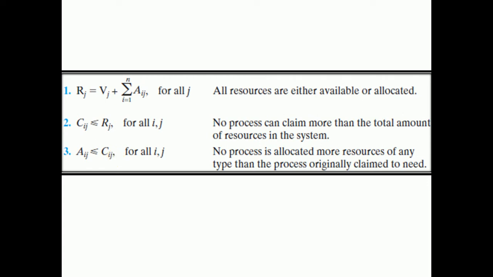Assume that for my execution, if I claimed 5 resources, the operating system may allocate all the 5 resources at a single time or less than that. So that is the relationship of serial number 3.